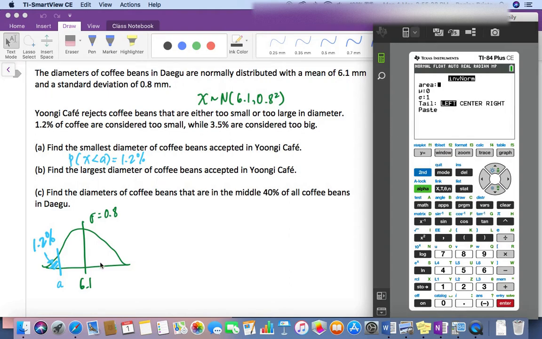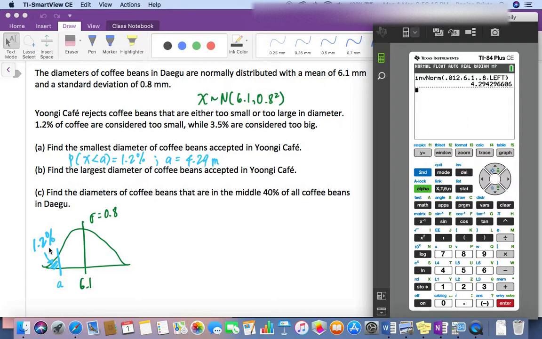The area that's given to us here is the area on the left, so I'm going to use the left option, and I have to convert this percentage into a decimal, 0.012. Then we write the mean and the standard deviation. That is equal to 4.29. Therefore A is equal to 4.29 millimeters.